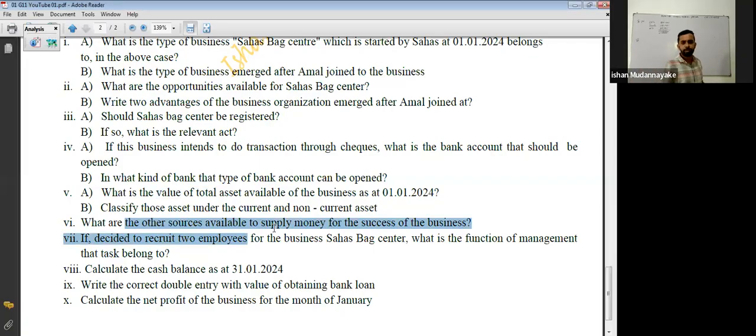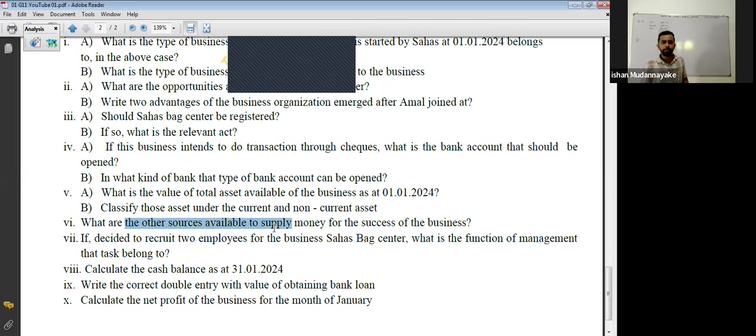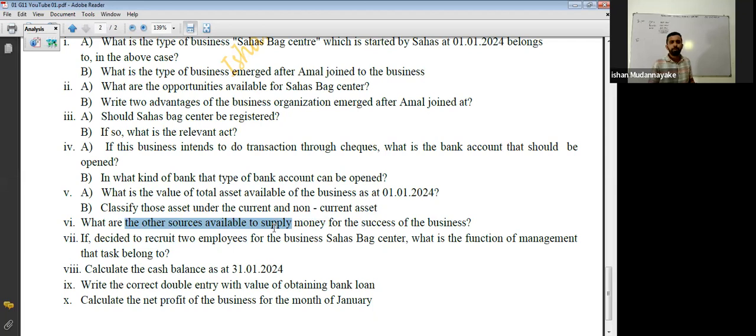Students, other sources of money: getting cash from family members, selling personal properties and investing in the business, and delaying payment to suppliers. Those are some of the sources.